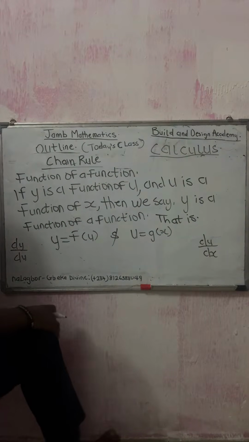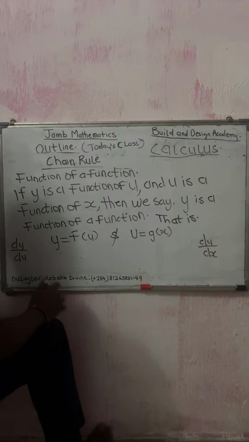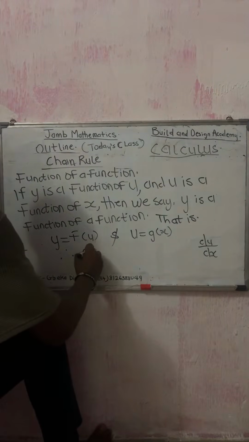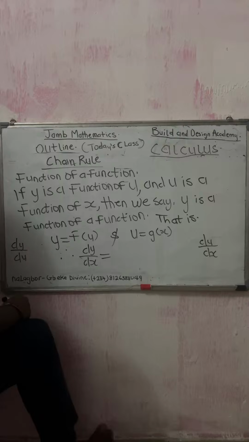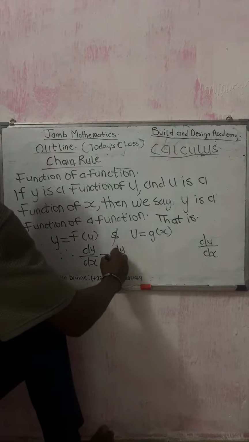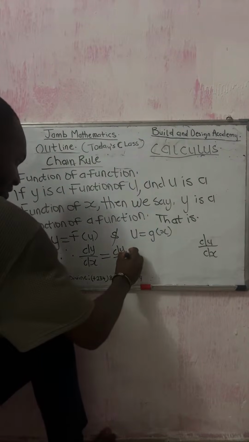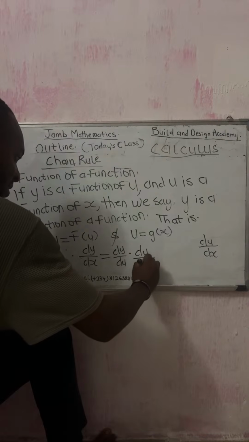So the chain rule states that if y is a function of u and u is a function of x, that means for us to get dy over dx, we will join the two of them. We will multiply them. So we have dy over du times du over dx.